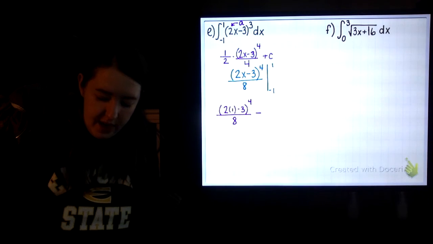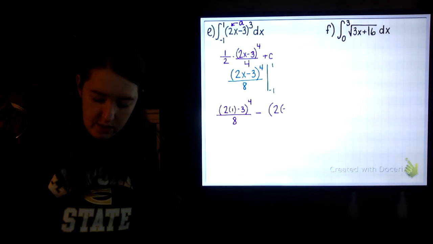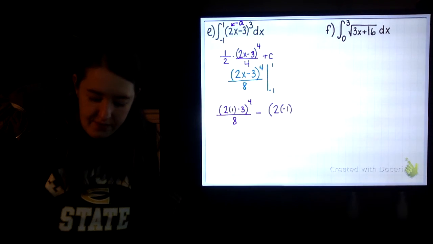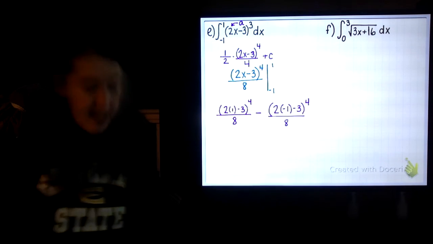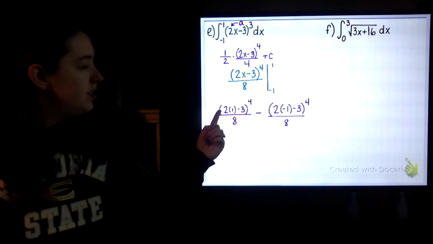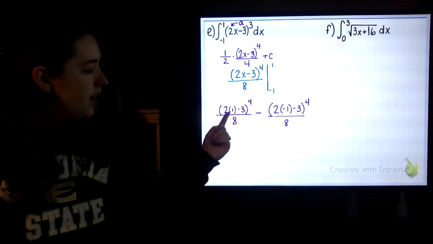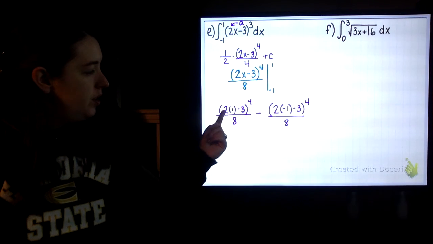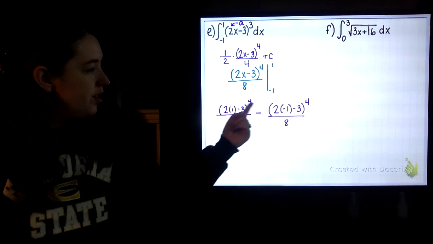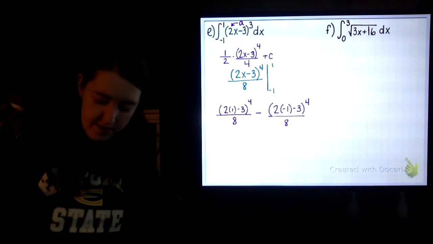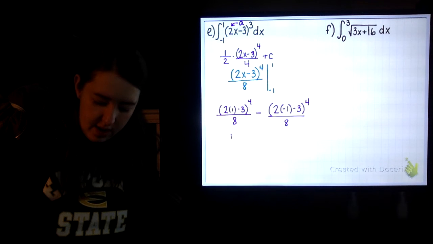Minus, and then I can plug in -1. So I have 2 times -1 minus 3 to the 4th power all over 8. Okay, so 2 times 1 is 2. 2 minus 3 is -1. -1 to the 4th power is +1. So I have 1/8 there.